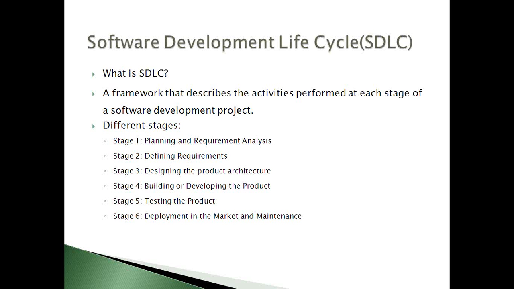The different stages are planning and requirement analysis, defining the requirements, designing the product architecture, and building or developing the product. Then after developing the product, we need to test, and after completing the testing phase, we need to deploy in the market and check for maintenance.